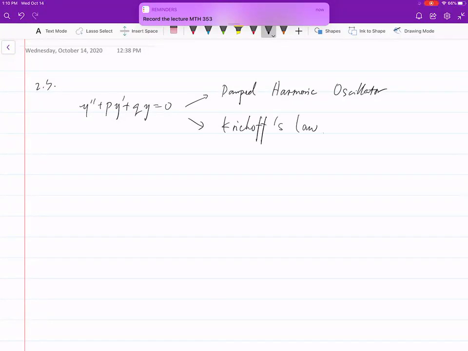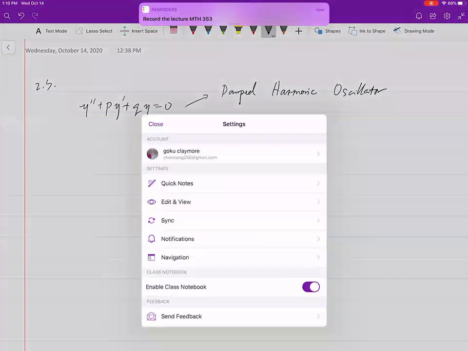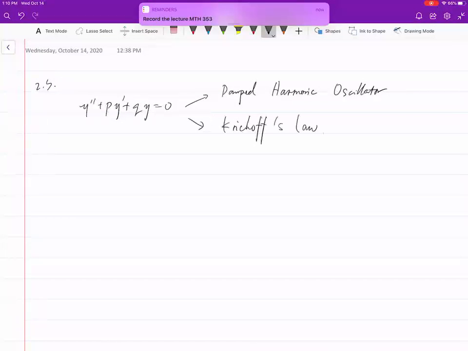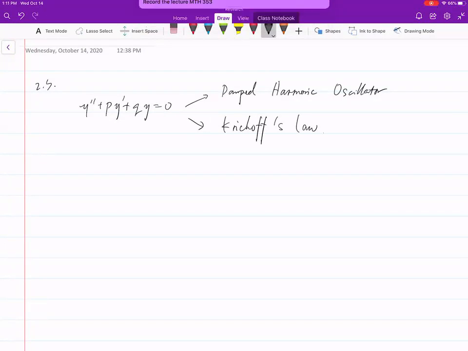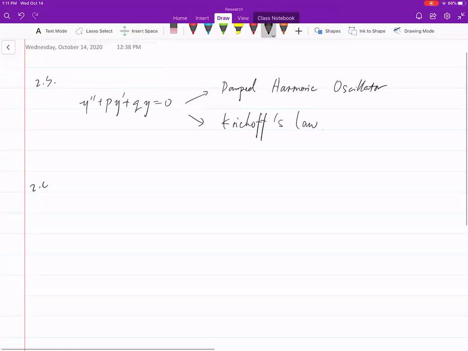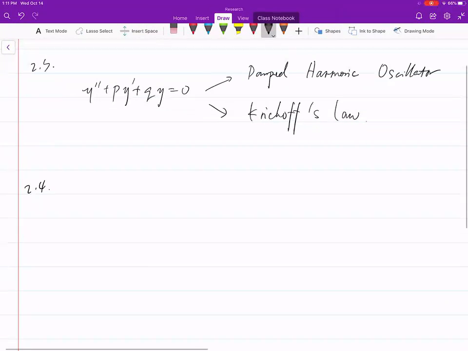These two systems are equivalent, so you can use the study of one system to study the other one, which is fantastic. We were talking about testing airplanes. Instead of building an airplane and destroying it, you can build an electric circuit and destroy it, which is way cheaper. All right, that's what we had for the harmonic oscillator.